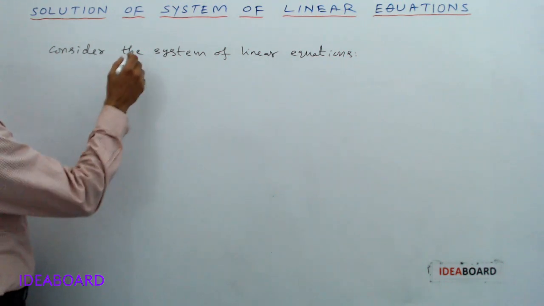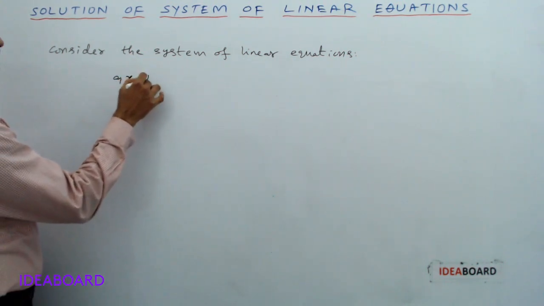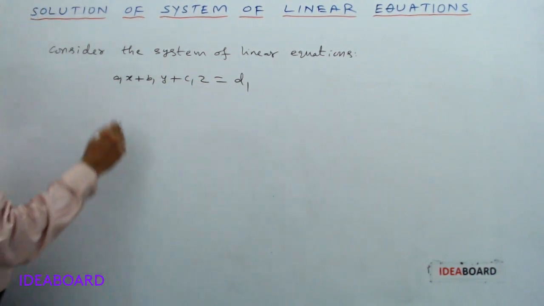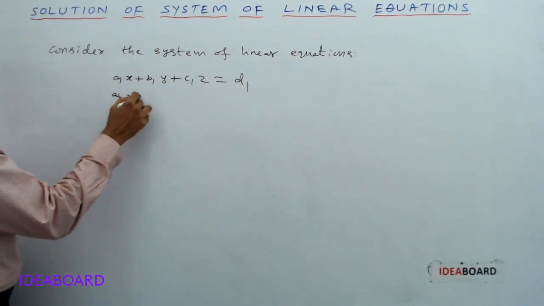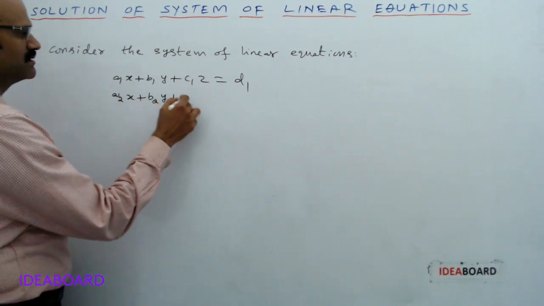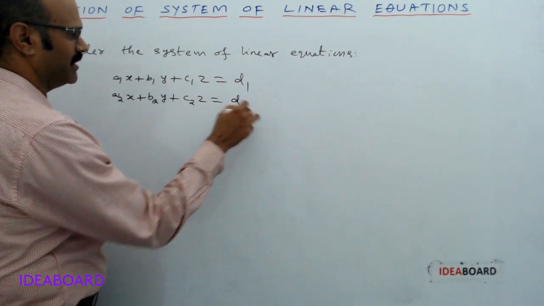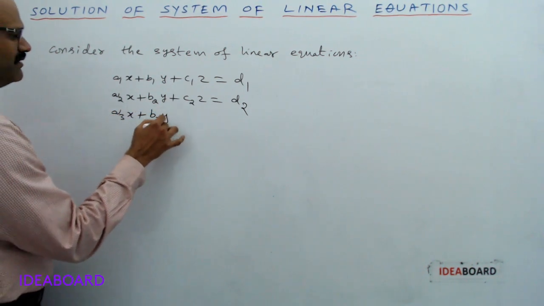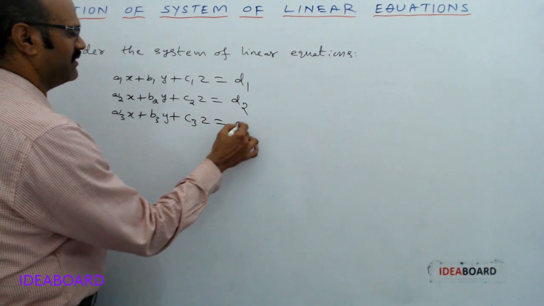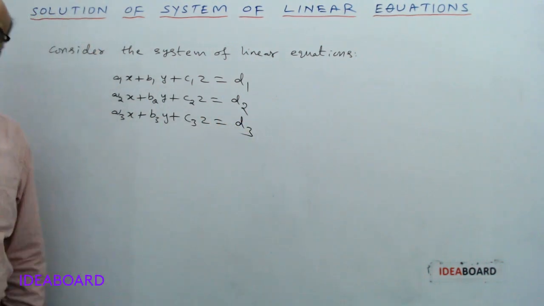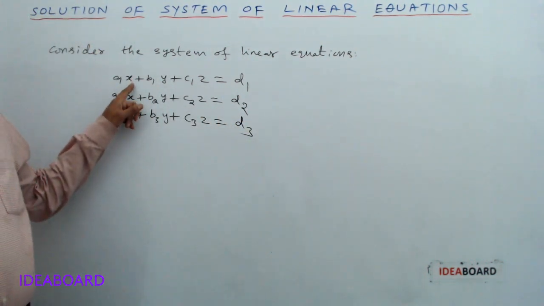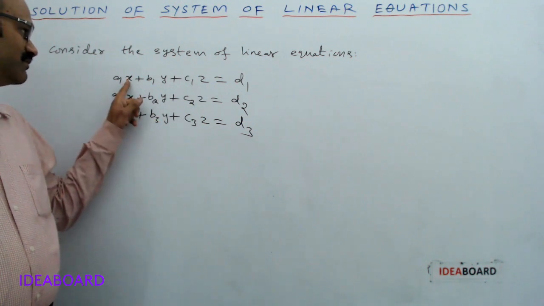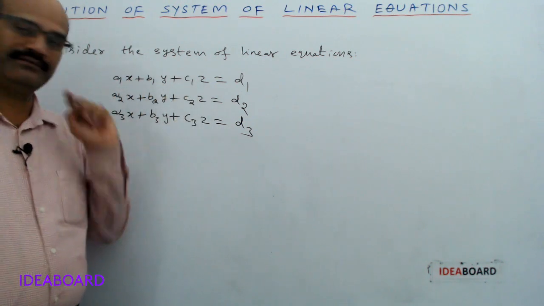They are a1x plus b1y plus c1z equal to d1. Second equation a2x plus b2y plus c2z equal to d2. a3x plus b3y plus c3z equal to d3. These are the system of linear equations in three variables. Here the variables are x, y and z.